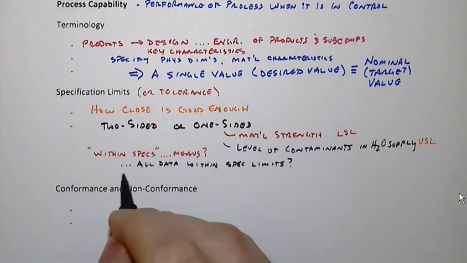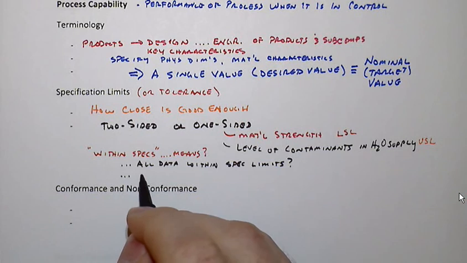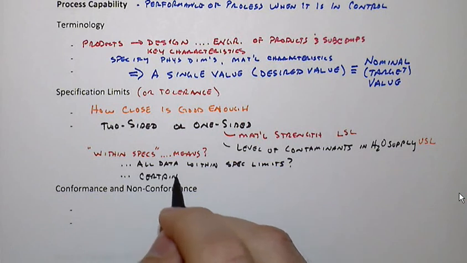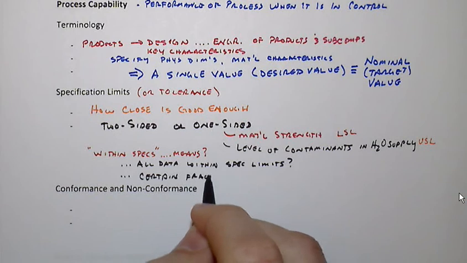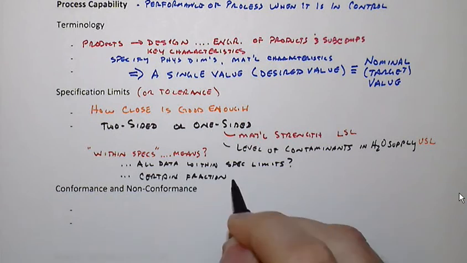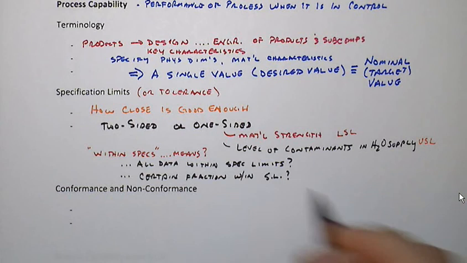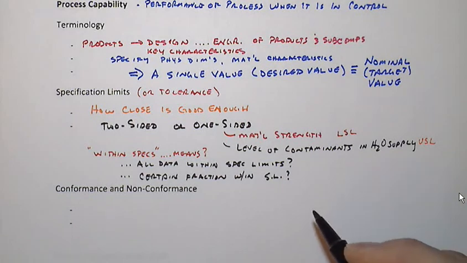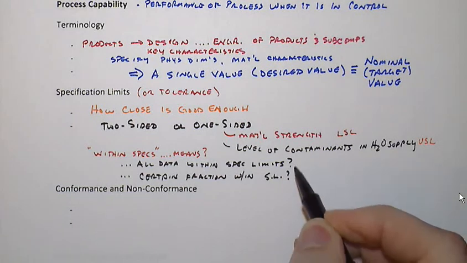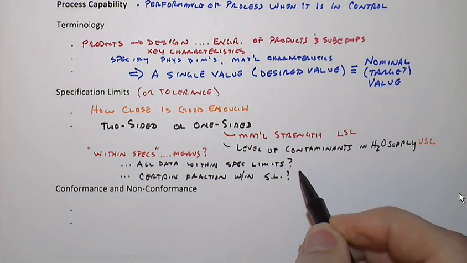Does it mean that a certain fraction is an allowable fraction, or a minimum fraction must be within the spec limits? What does it mean? And of course it's going to change entirely depending upon your particular situation, what that means.